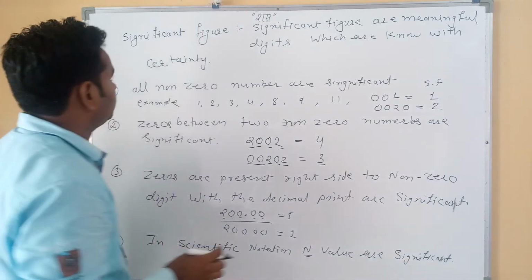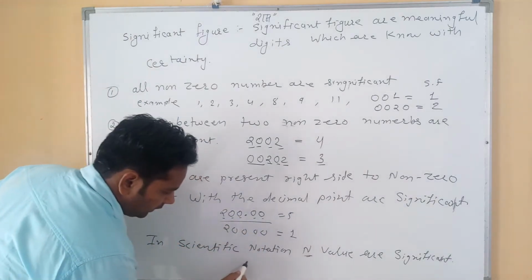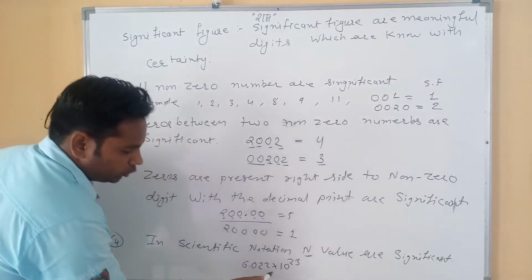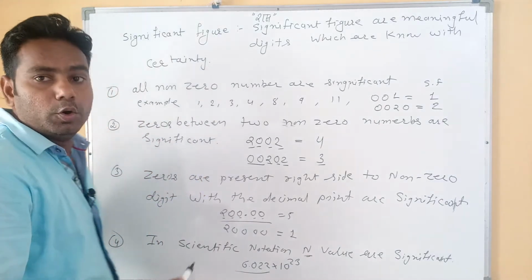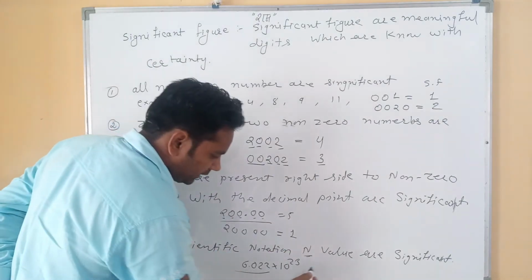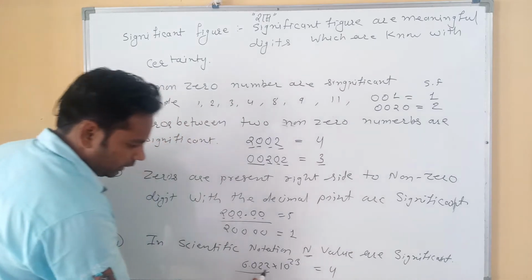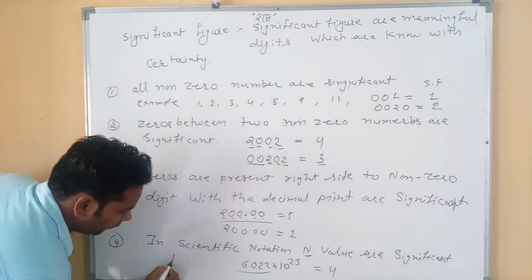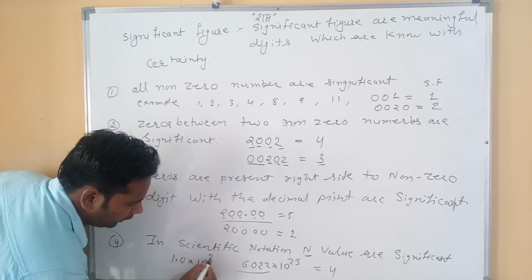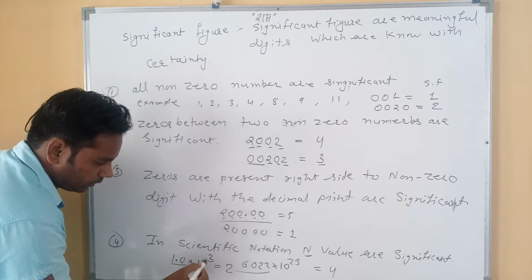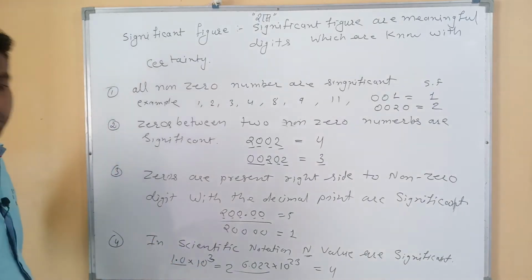If I mention here 6.022 into 10 to the power 23, so 6.022 is the N value. So here total significant number is 4: 1, 2, 3, 4 numbers are significant. If I mention here 1.0 into 10 to the power 2, so total significant number is only 2.